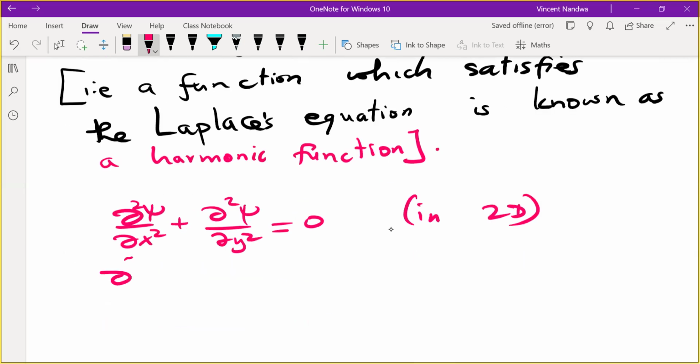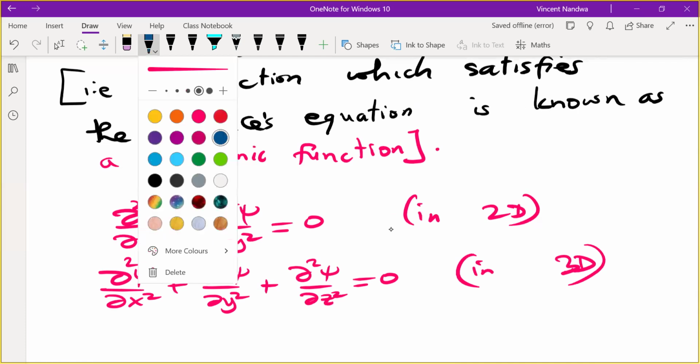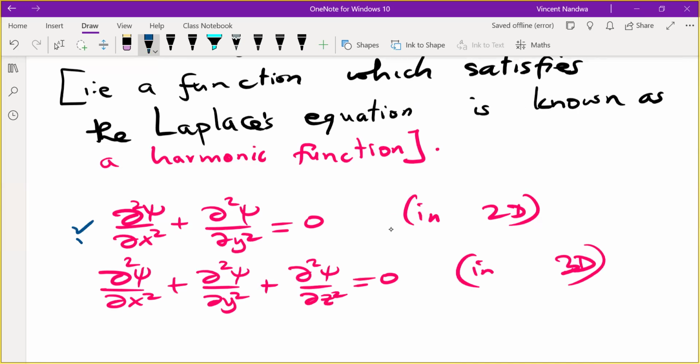Or partial squared phi, partial x squared plus partial squared phi, partial y squared plus partial squared phi, partial z squared equals 0. This will be in 3D. This is what we call the Laplace equation. So if the function you're dealing with is in 2D, then this is what you need to prove. If it is in 3D, then this is what you need to prove.